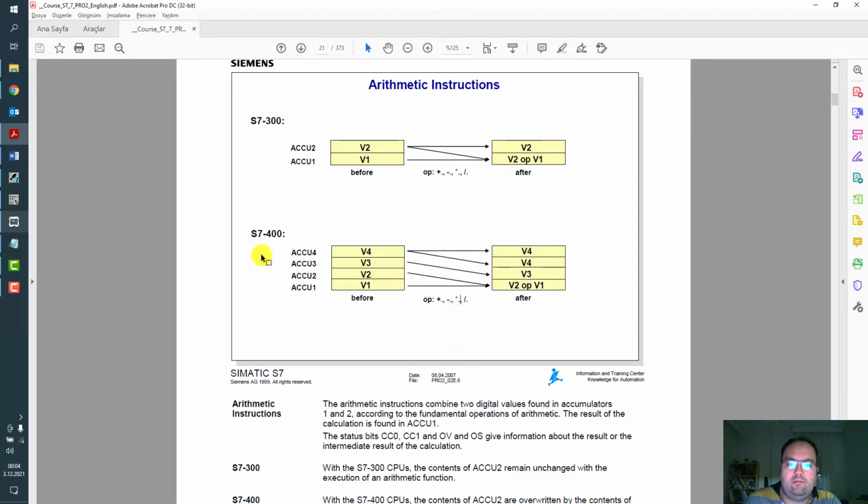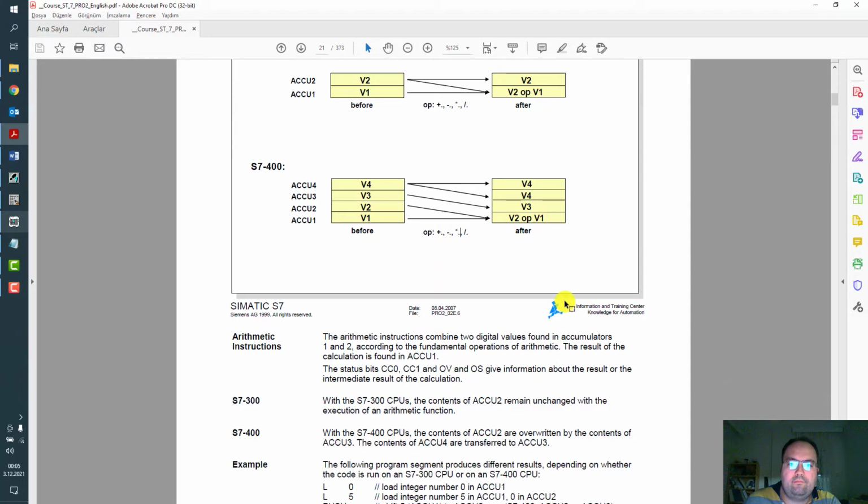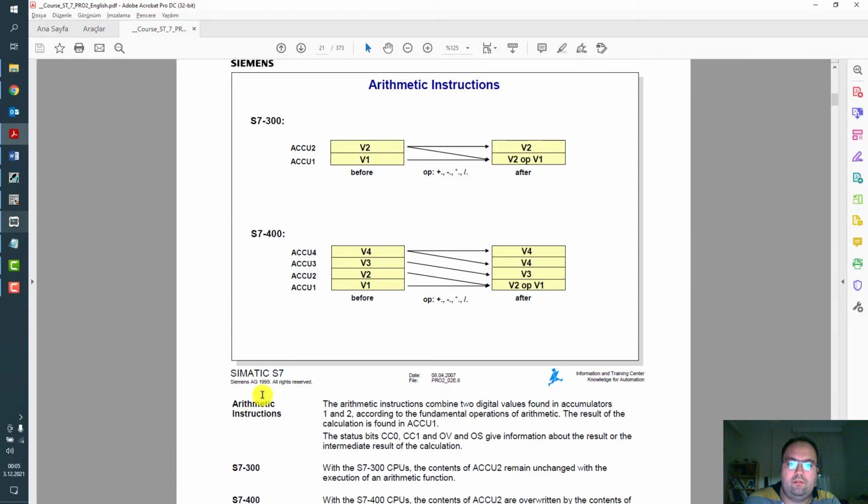And it's important to know the values of accumulators in STEP 7 400 after the instruction is executed. That's the difference.